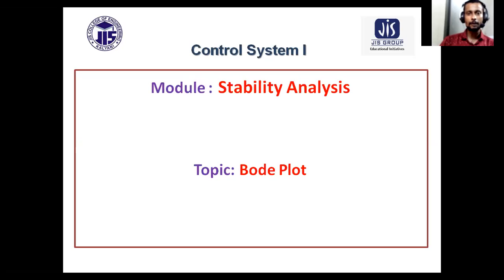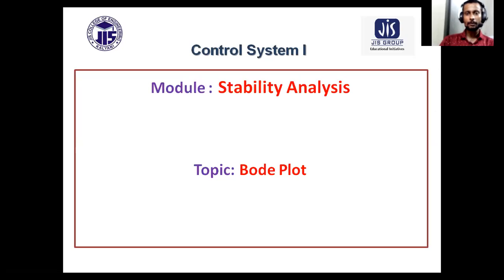So by using the Bode plot method, if any physical device or physical system is given to us, we could first try to obtain its transfer function. Then from that transfer function, we could get its Bode plot by applying the knowledge which we are acquiring in today's class and which we already acquired in the last class.